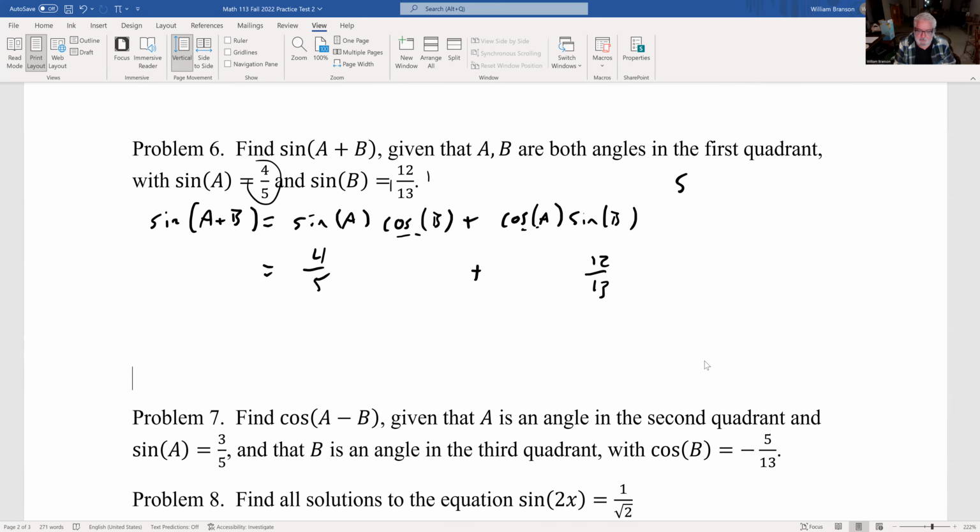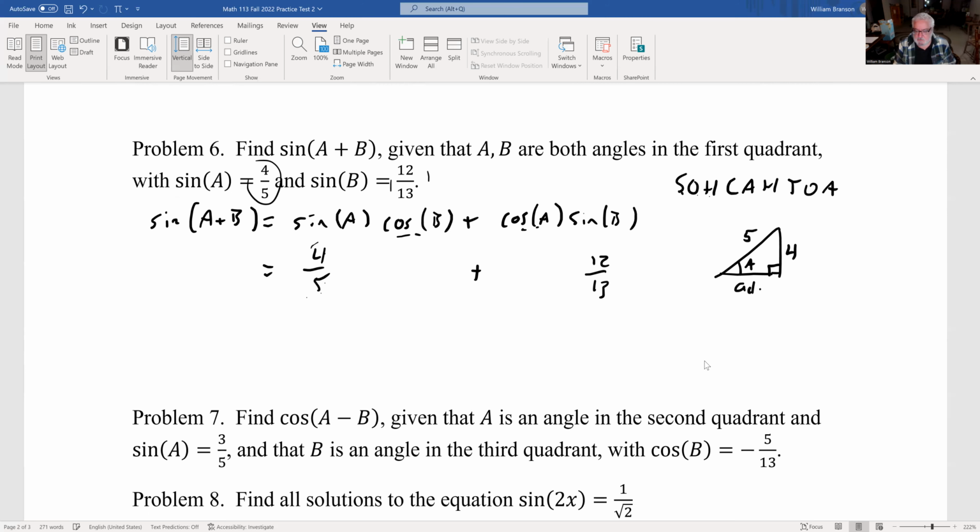Because remember, SOHCAHTOA, sine is opposite over hypotenuse. So if I take this, I can draw a right triangle with A there. Opposite over hypotenuse means the 4 is my opposite and the 5 is my hypotenuse. And then I can find this side.